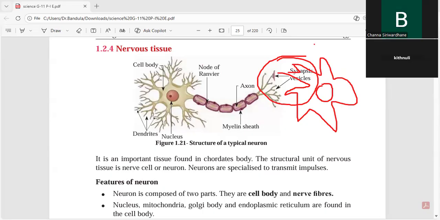Now you have understood the structure of a typical neuron.